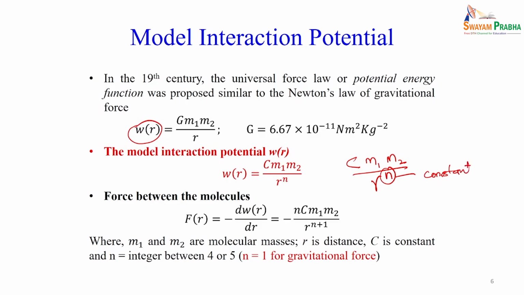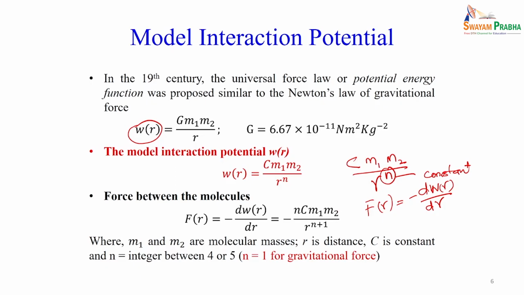So this is the potential, and typically if you want to calculate the force, the force is the derivative of the potential. So Fr is simply the derivative of the potential. If you differentiate this, you will get n C m1 m2 upon r to the power n plus 1.